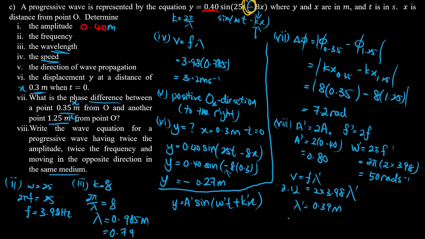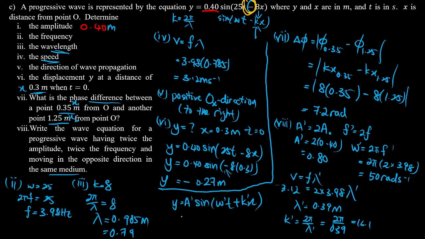To get the new k, k prime will be equal to 2 pi over the new lambda, which is 0.39. You will get 16.1.